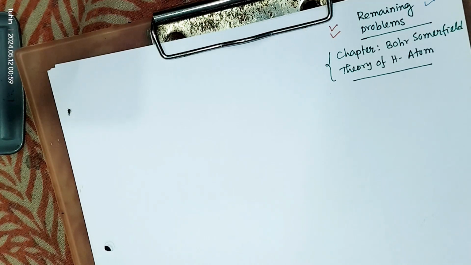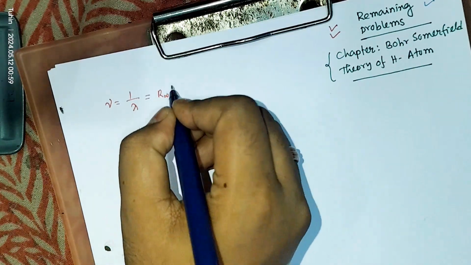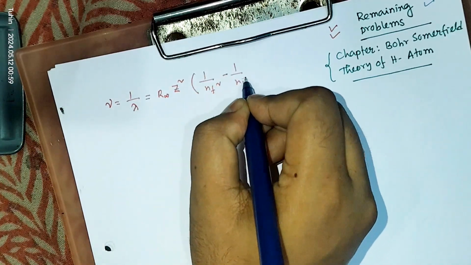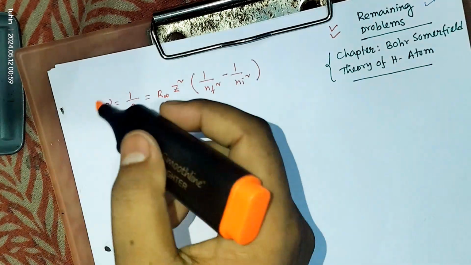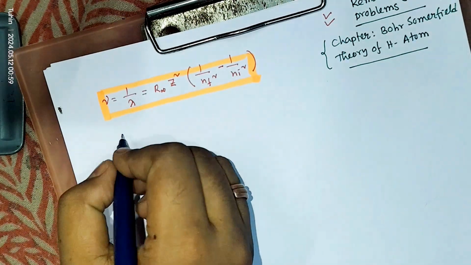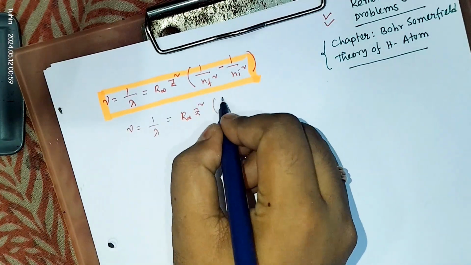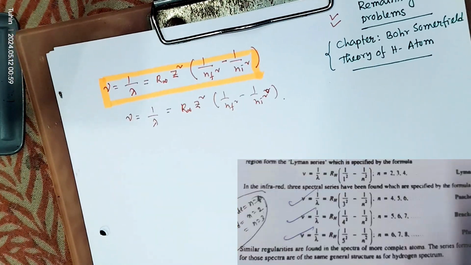If you assume that the nucleus is infinitely heavy, then the wave number nu, that is 1 by lambda, equals R infinity Z square into 1 by nf square minus 1 by ni square. I think you are familiar with this formula. If the nucleus has finite mass, then this must be written as 1 by lambda equals R Z square into 1 by nf square minus 1 by ni square. And now I will work with this formula.